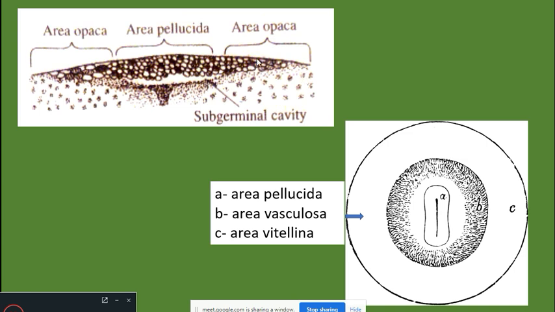This area opaca itself is differentiated into an area vitellina and area vasculosa. Okay. So, area vitellina outer, area vasculosa inner and inner still is area pellucida. So, this is area vitellina, this is area vasculosa and this is area pellucida. Area pellucida was already there. It is area opaca that differentiates into area vitellina and area vasculosa.